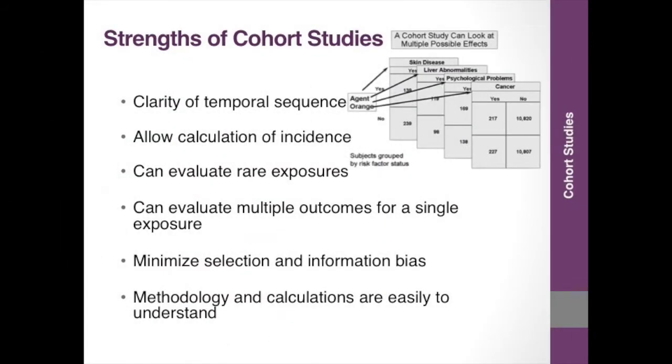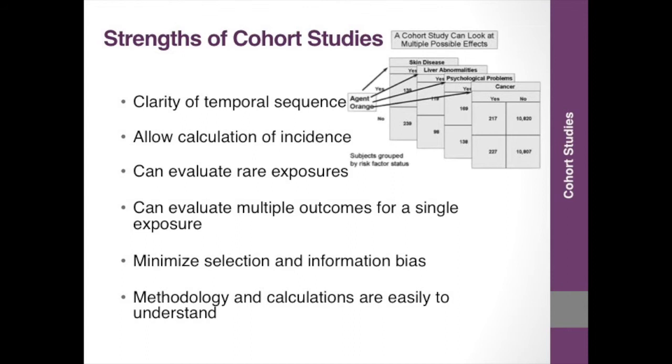inadequate. In general, cohort studies allow calculation of incidence and they are very good to assess rare exposures and multiple outcomes from a single exposure. They can minimize selection and information bias, and the methods and calculations are easy to understand.